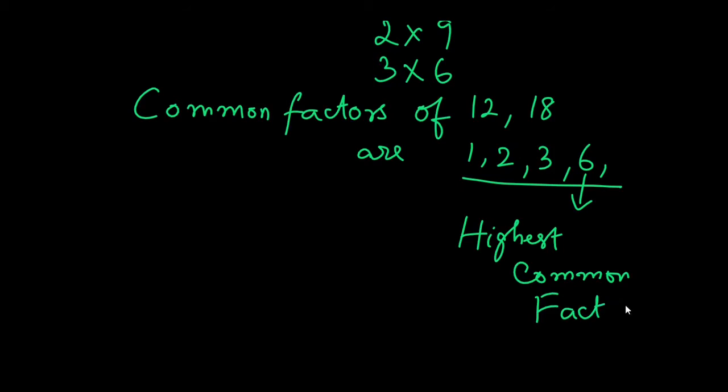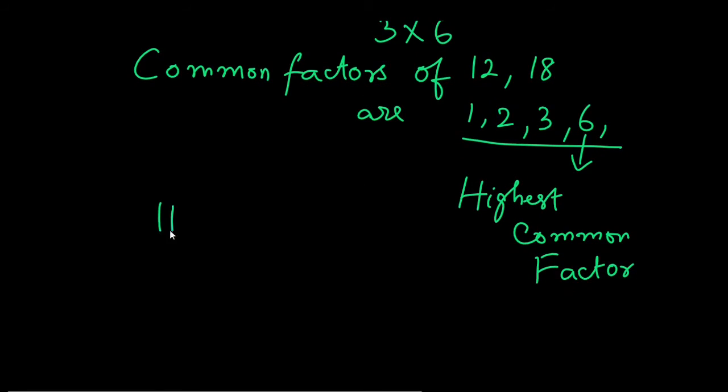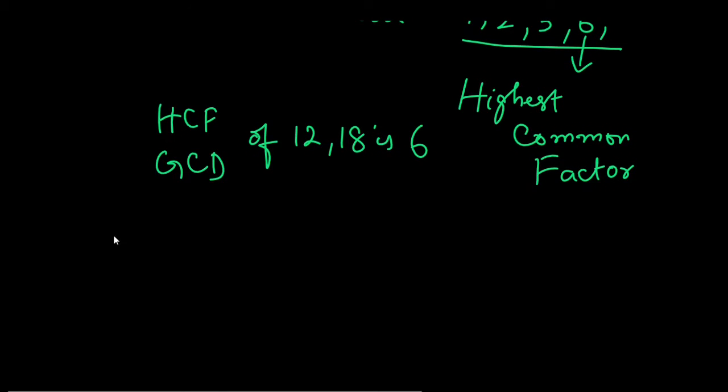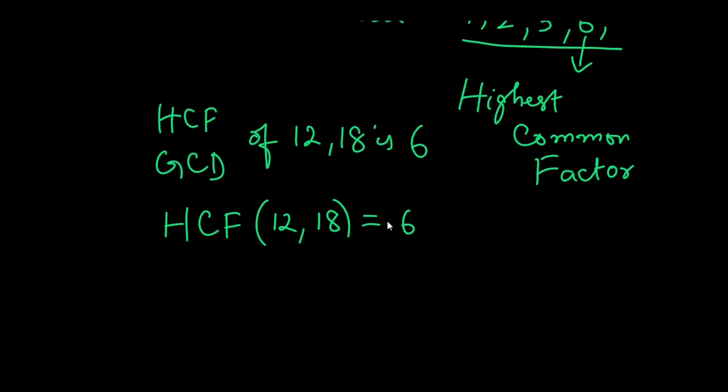Highest common factor or greatest common divisor, HCF or GCD of 12 and 18 is 6. Sometimes we write it as a function also: HCF of 12, 18 is 6.